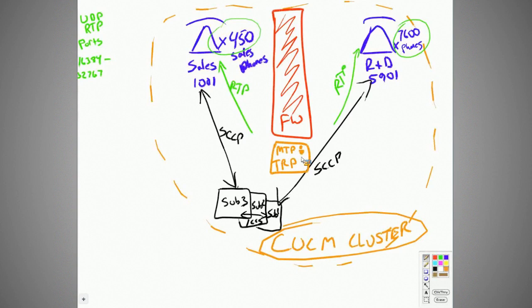So it's kind of a special MTP called a trusted relay point. Now, all of that traffic can be terminated on that MTP. And what do I need to do? I only need to open up the MTP, or maybe I have one MTP on either side. I only need to open those 16,000 possible ports up for that one trusted relay point.